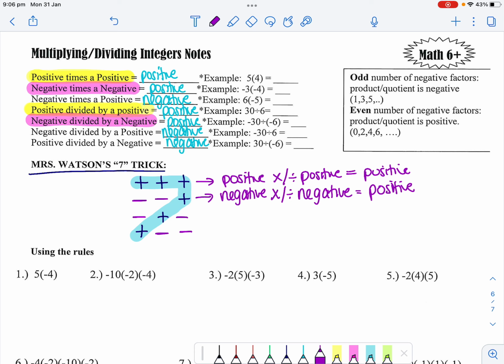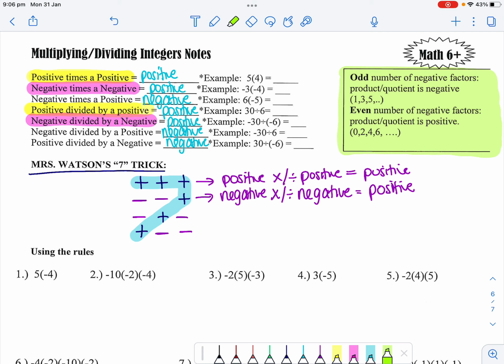The last little hints that we have up for you over here are when you are multiplying or dividing multiple factors. So if there's more than 2 numbers that you're multiplying or dividing, if there is an odd number of negative factors, so there's 3, 5, 7, 9 negative factors, your answer is going to come out negative.